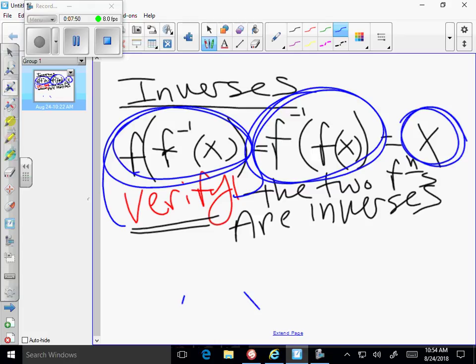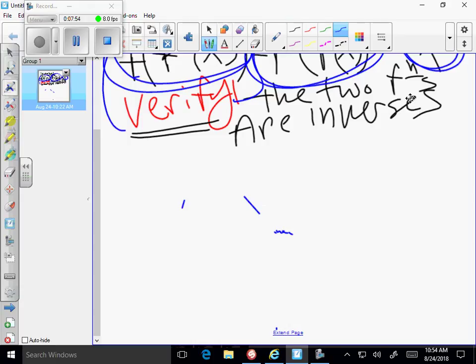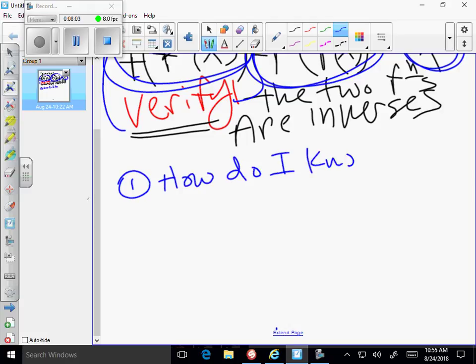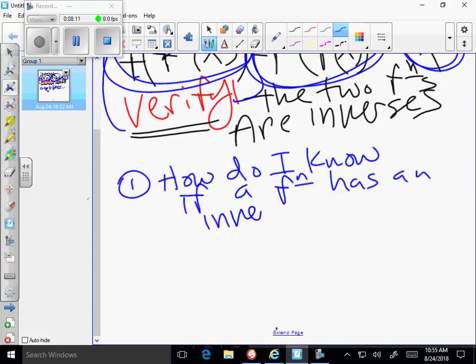I want to talk about inverses three ways, three topics today. The first topic is, how do I know if a function has an inverse? I think this is actually going to be the toughest part of our conversation, so it may require a little persistence on your part.